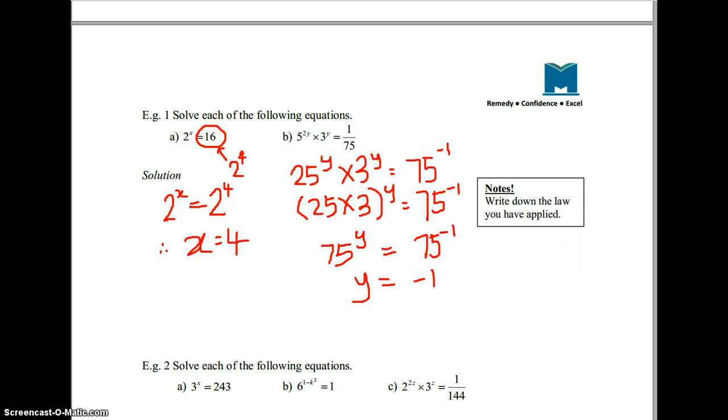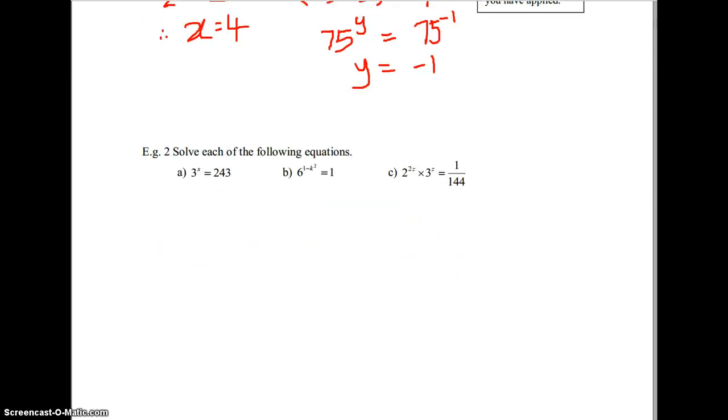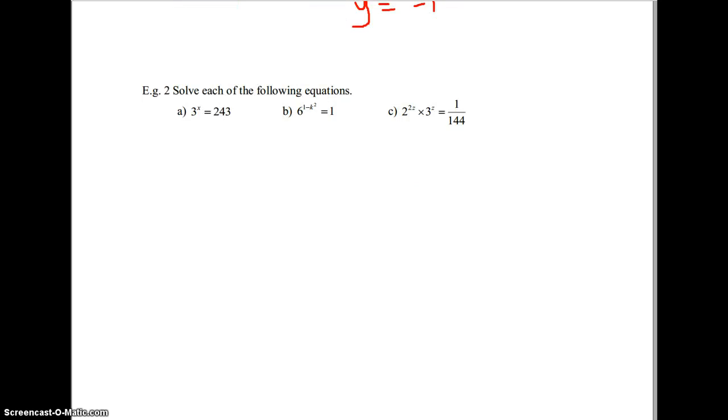Okay, let us continue. I am not going to do all the questions here. I think you'll be good if you can give it a try. Now just to give you some tips for this question here. Whenever you see 1, please remind yourself of law number 6, where anything to the power of 0 is 1.